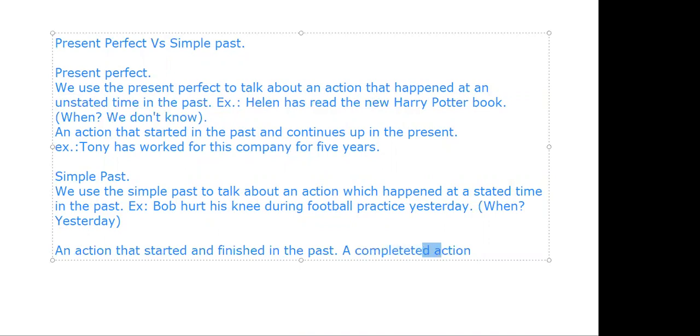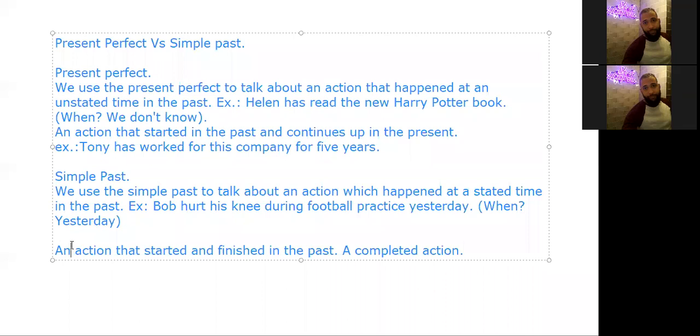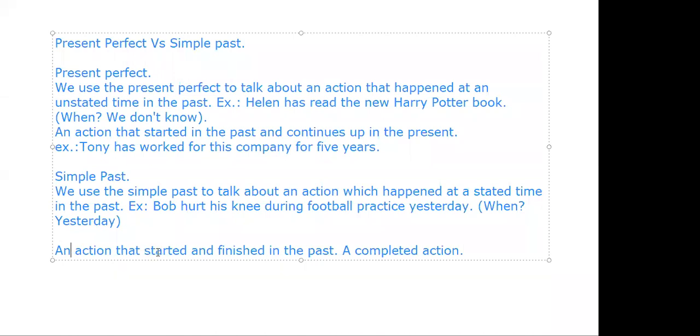So while here we have an action that started in the past and continues up in the present, here we have an action that started and finished in the past. The action doesn't continue up in the present. So that's why we call it a completed action that is in the simple past.